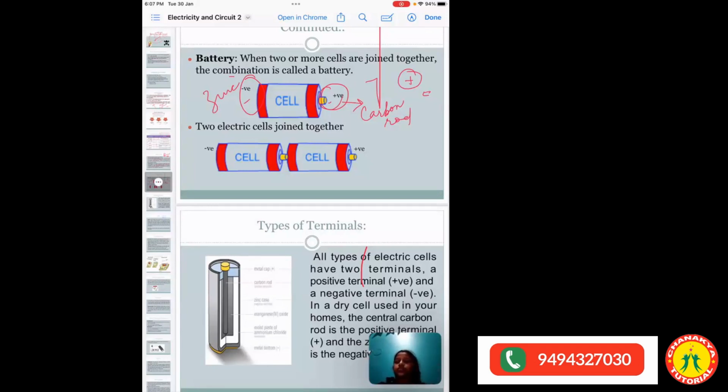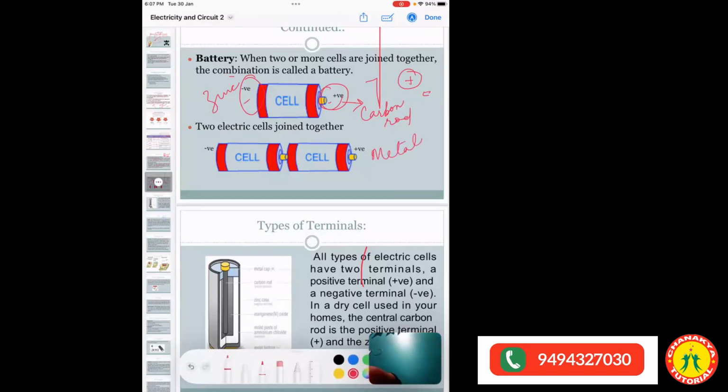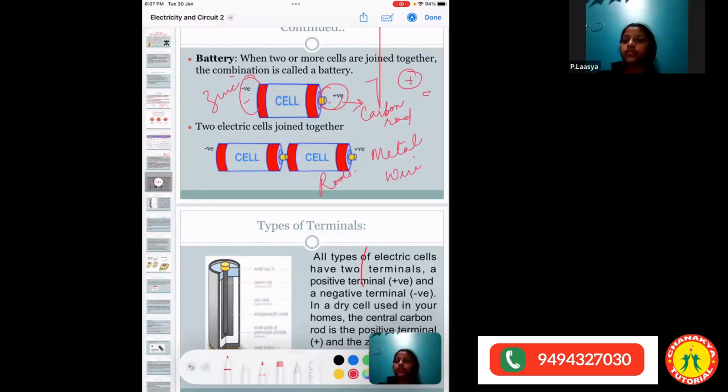But here this zinc is present in the form of metal. You might have heard of metal wires and metal rods. Those wires and rods will have zinc in them.